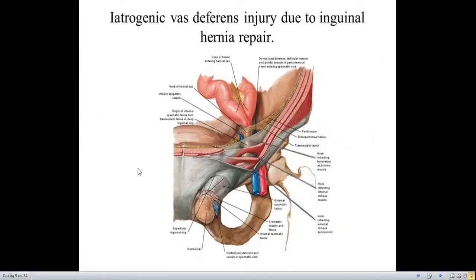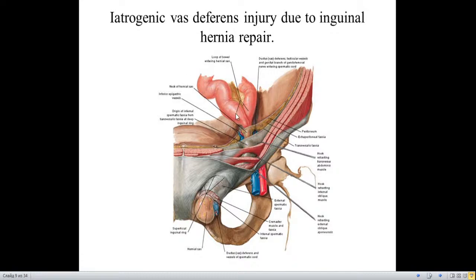One more clinical thing. I mentioned that vas deferens passes through the inguinal canal. And I am sure you know that a very common problem related to the inguinal canal is inguinal hernia. Hernia is an abnormal protrusion of abdominal content through natural openings.